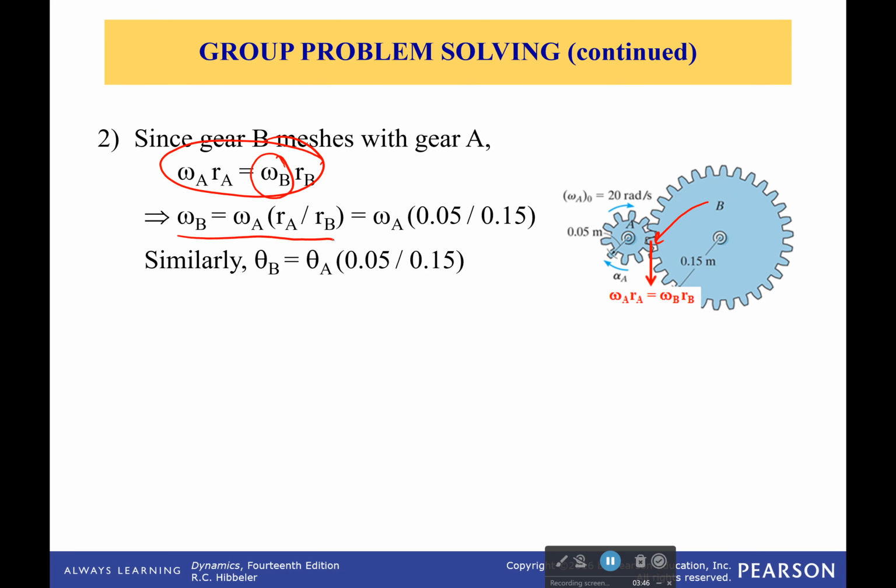That's what I do right here. I solve it in terms of the angular velocity of A, and what is this? Oh, it's the gear ratio. It's actually 1 over the gear ratio, but close enough. More or less the gear ratio. And guess what? It's the same exact thing for angular displacement.